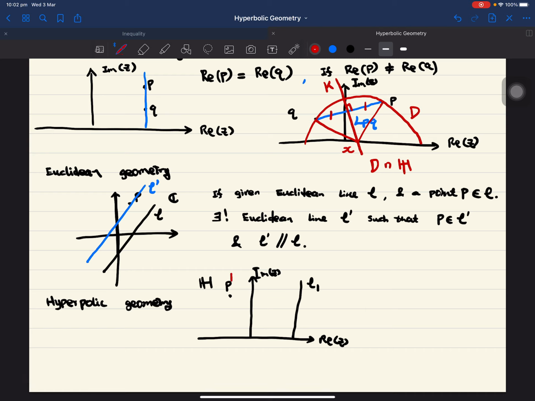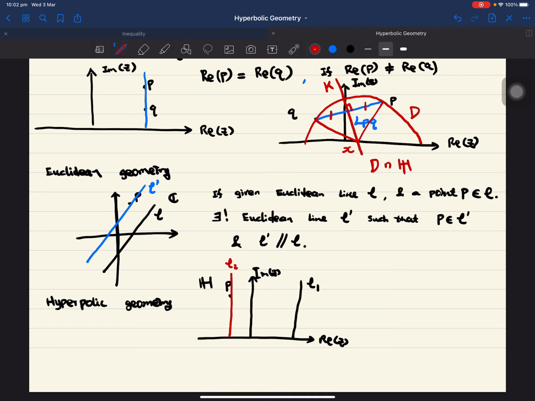For example, if we construct another Euclidean line that is parallel to the real axis and passes through P, that is clearly a hyperbolic line perpendicular to L1, let's call it L2.